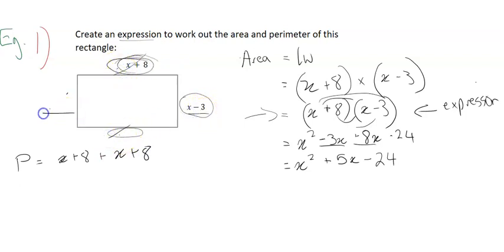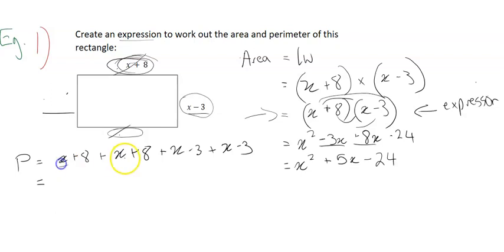And then you've got 2, x take 3, and then x take 3. Okay, so be aware of that. You have to make sure that you include the sides that of course aren't labeled, but you know that are the same because it's obviously a rectangle.